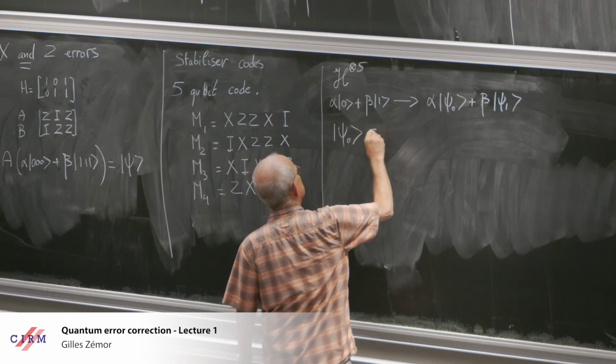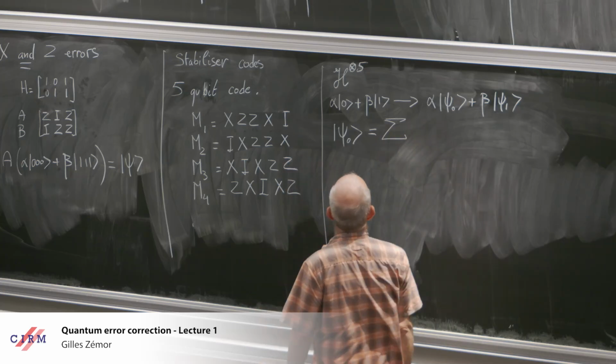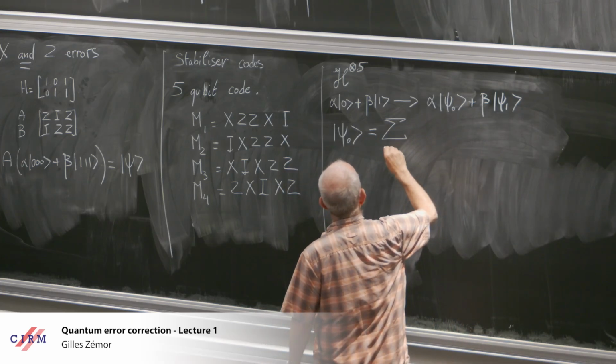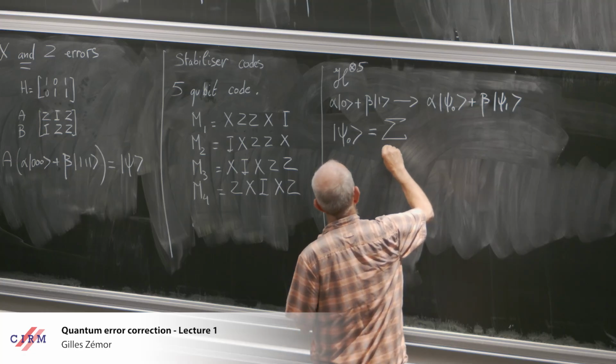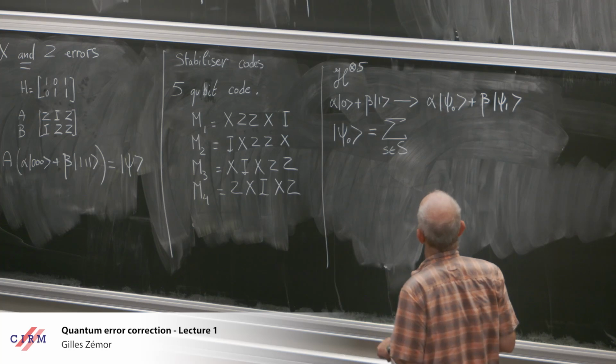And what is psi 0? Psi 0 is defined like this. It's the sum over all operators little s in large S. I haven't said yet what large S is.